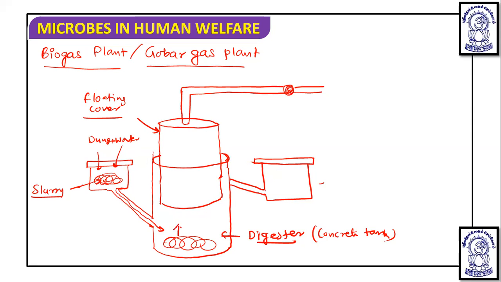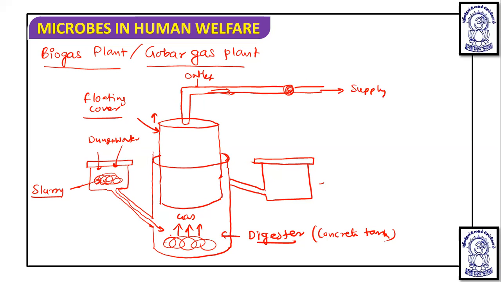When the gas is produced here, this floating lid is pushed upward. It has an outlet, and through this outlet the gas is released, and biogas is supplied to the nearby houses.